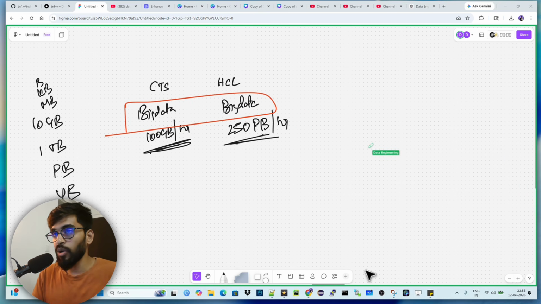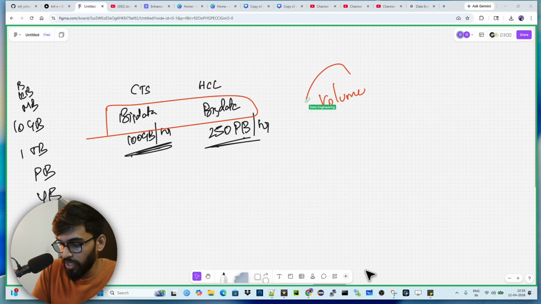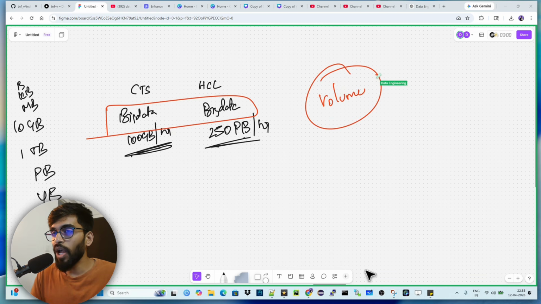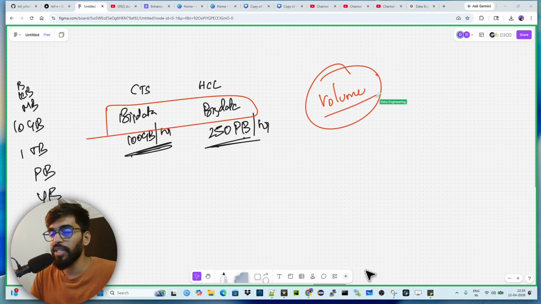So why did I pull up this topic all of a sudden? Volume is the biggest concern for me when someone says volume is the answer to the question, what is big data? People think volume is the only criterion or the only problem to enter into big data, but that is wrong. Volume is one out of n problems, but still people used to think volume because the name itself says big data.